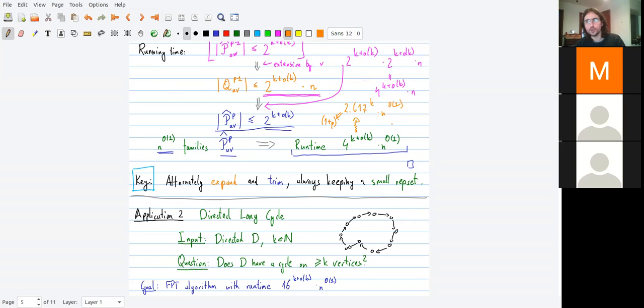But this is the best known deterministic algorithm. So it is a big open problem whether k-path can be deterministically solved in running time 2 power k times a polynomial. And improving the representative sets computation is one way to go in this respect.